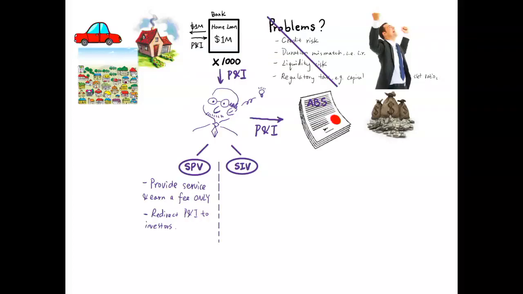On the one hand, he looks for different mortgage contracts from different banks. On the other hand, he raises money from selling commercial papers. So if he can organize both sides well, if he can sell the bonds at a better price, if he can buy the mortgage pool at a lower price, he earns a spread, right? In that case, he not only earns a fee, he also earns any spread he can create in the middle.